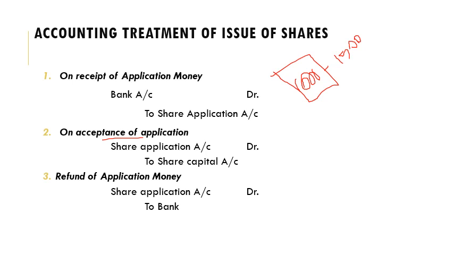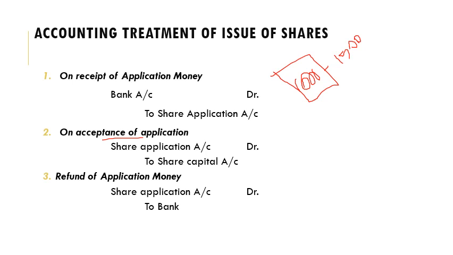We got excess application for 500. In such a case, the company will accept application for the first 1000 shares by transferring this application money to the share capital, and the excess 500 will be returned to those applicants.